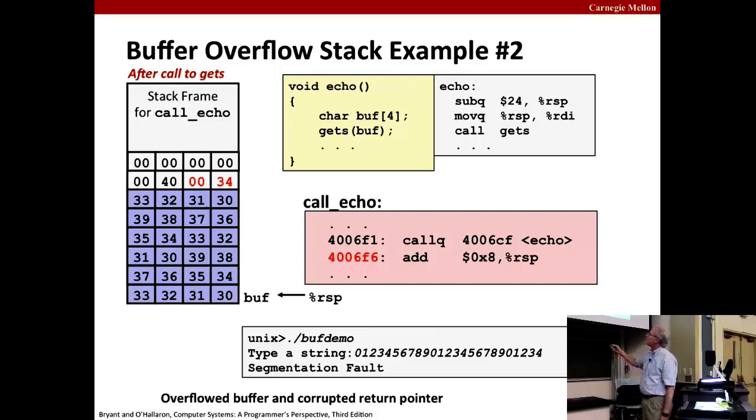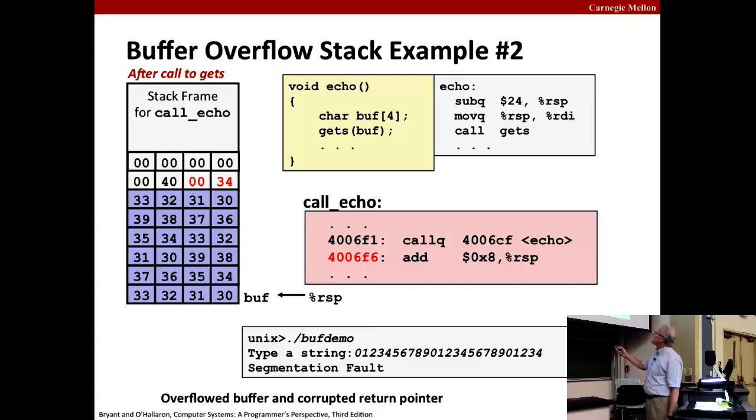And so what happens, for example, here is that rather than returning back to where call echo was supposed to go, it goes back to some other part of your code that may or may not be a valid address, or might not have anything to do with the program you're trying to run. So this example shows it.